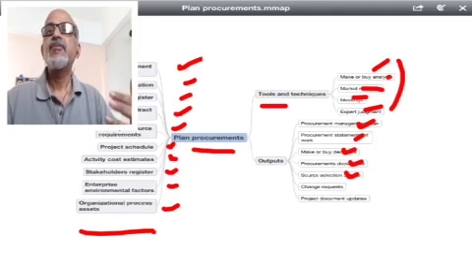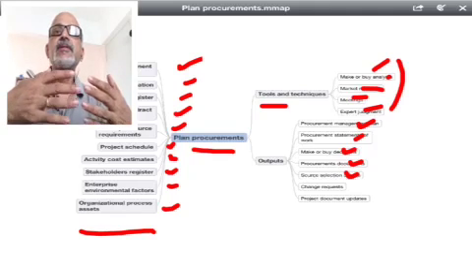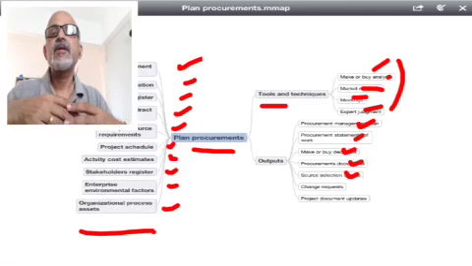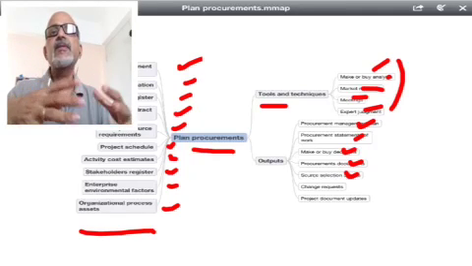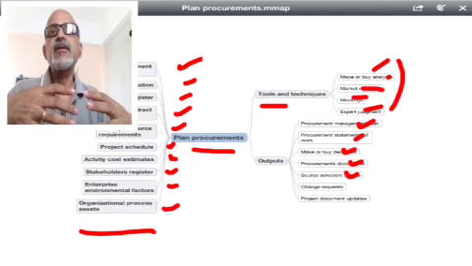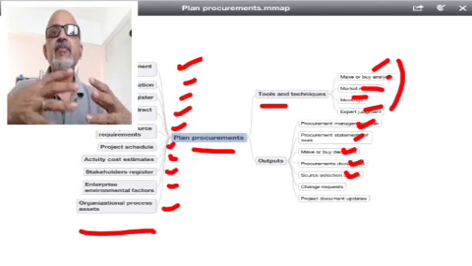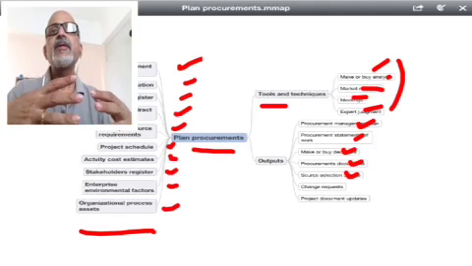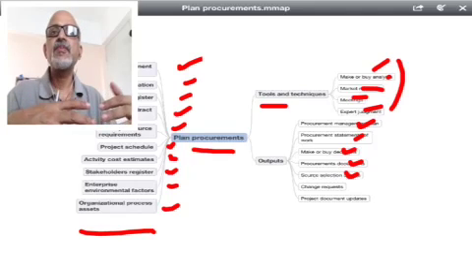So first we have to come out with the screening criteria, then we must come out with the weighing criteria. So what is the screening criteria? While inviting proposals, we may say, unless you have supplied to projects of minimum this much value, please don't participate in this particular tendering.